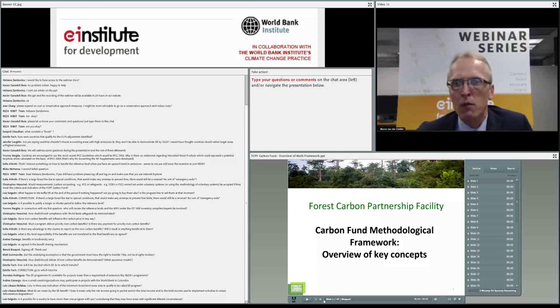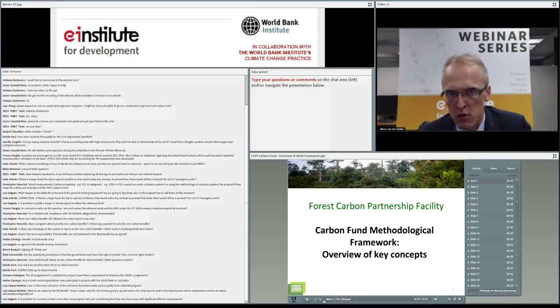The program creates a certain amount of emission reductions, let's say 1 million, and then there's a price per emission reduction. So the price times the emission reductions will give you a pot of money. The Carbon Fund will make a payment equivalent to that to whoever signed the emission reduction purchase agreement. So that is the money you get after the program is implemented.